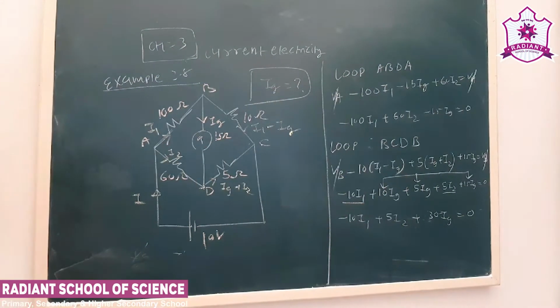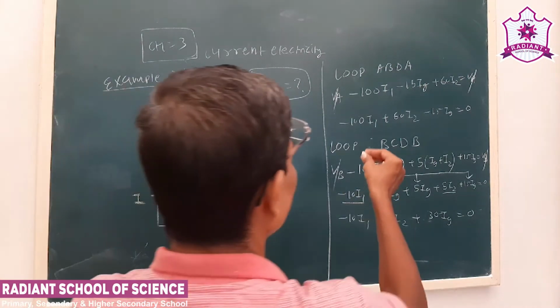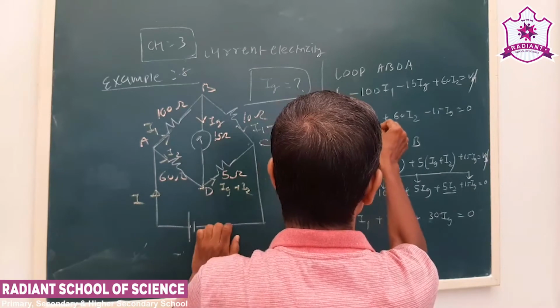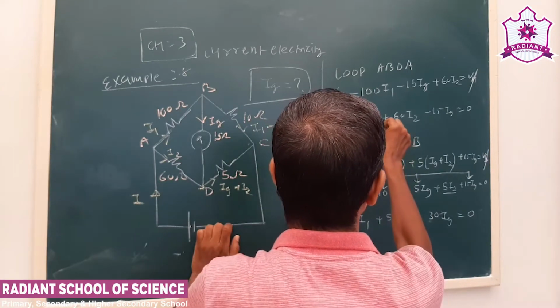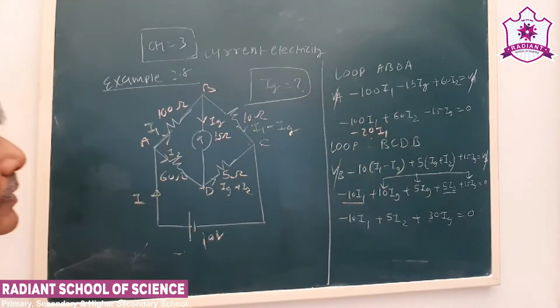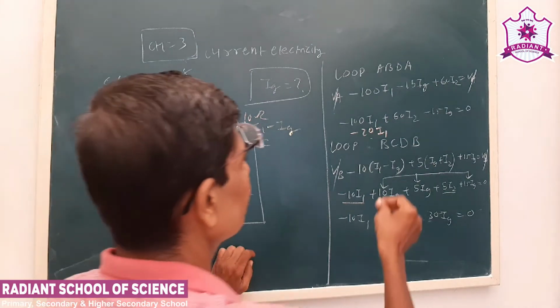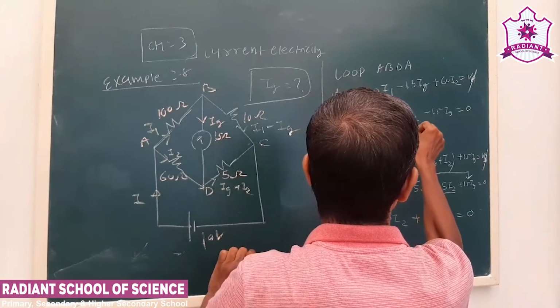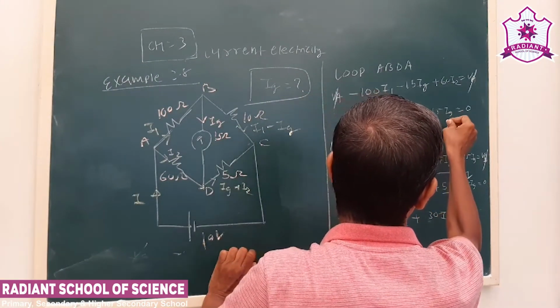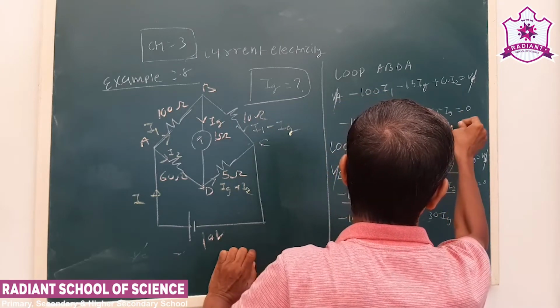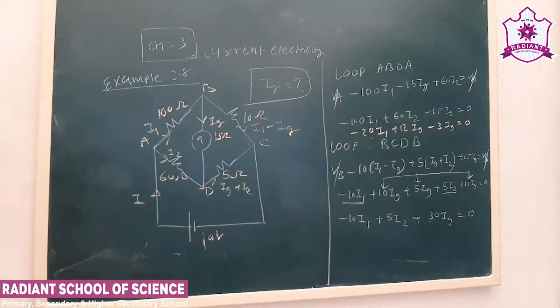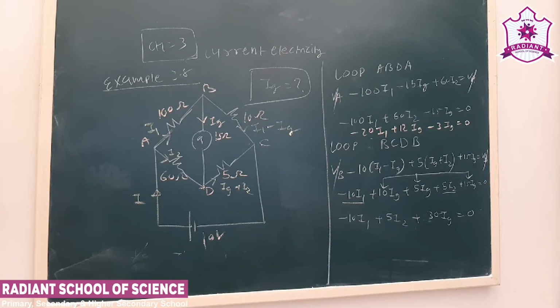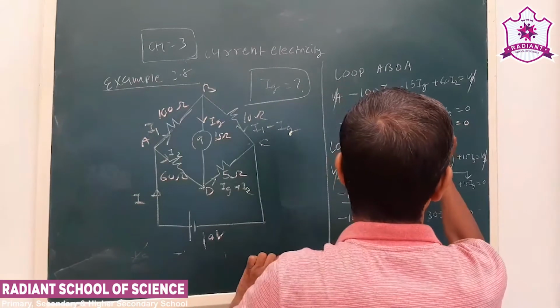All are multiples of 5. So if I divide by 5, minus 20 I1, 12 I2, and 3 Ig. Minus 20 I1 plus 12 I2 minus 3 Ig.